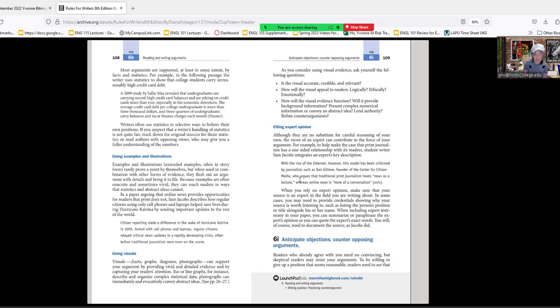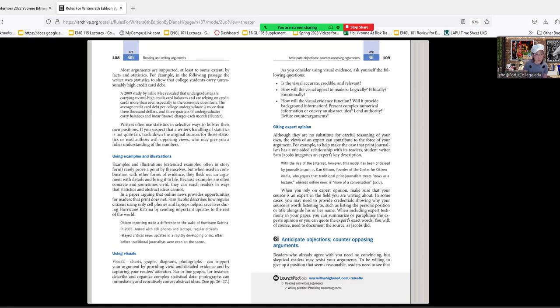Using examples and illustrations. Examples and illustrations rarely prove a point by themselves, but when used in combination with other forms of evidence, they flesh out an argument with details and bring the argument to life. Because examples are often concrete and sometimes vivid, they can reach readers in ways that statistics cannot.